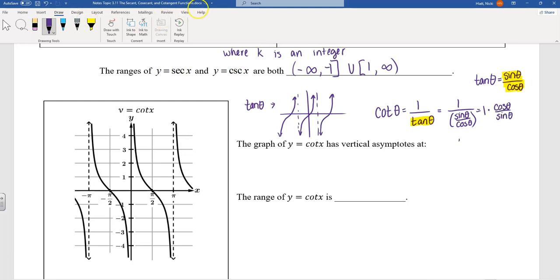So we can also say that cotangent of theta equals cosine of theta over sine of theta, or x-coordinate over y-coordinate, right? I think this is actually more helpful to think of than cotangent equals 1 over tangent.